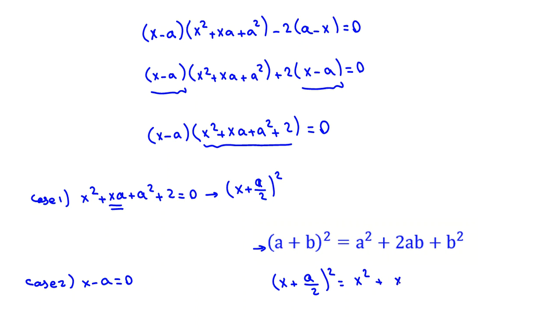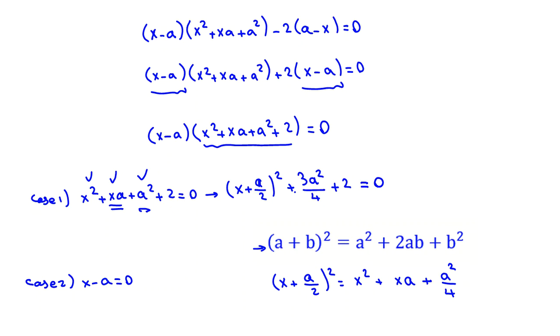If we simplify, it will be xa plus a over 2 squared, which is a squared over 4. So I have here x squared plus xa, and I've created this a squared over 4. But here I have a squared. So if we add 3a squared over 4, then 3a squared over 4 plus a squared over 4 will be a squared. And this part plus 2.